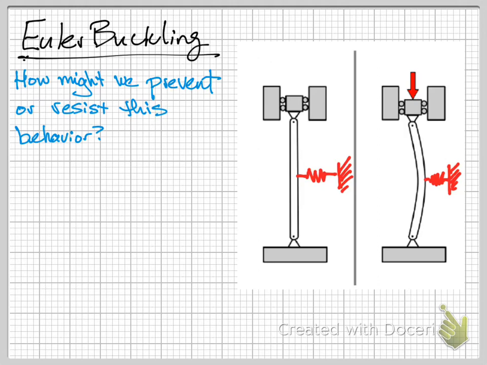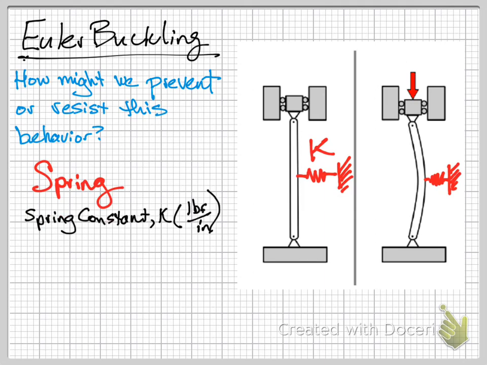Often we will look at this as a spring in equilibrium with a spring constant K with units such as pounds per inch. And as a result, as the displacement of the column occurs, the value of the responsive spring force will increase.